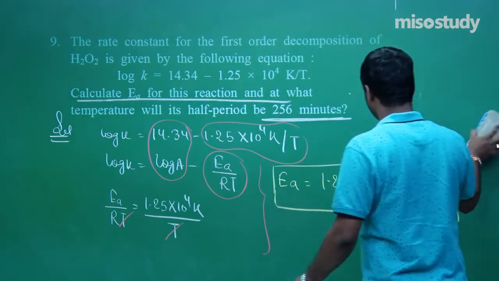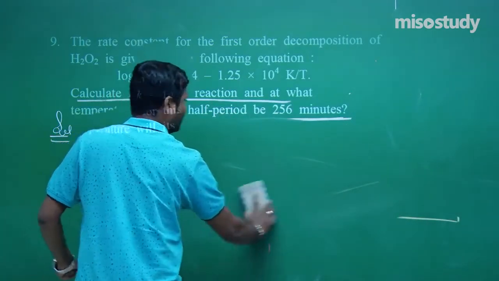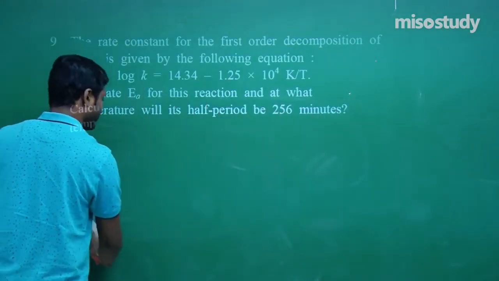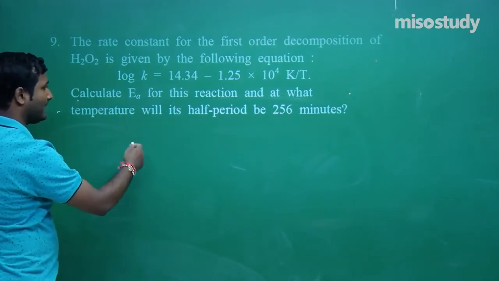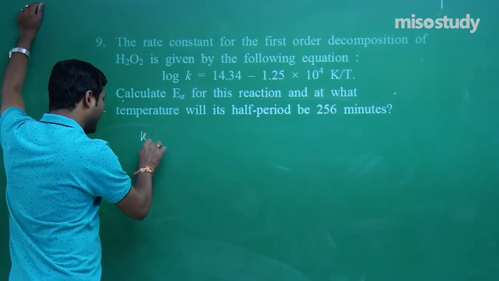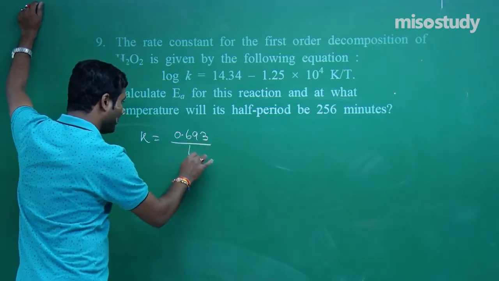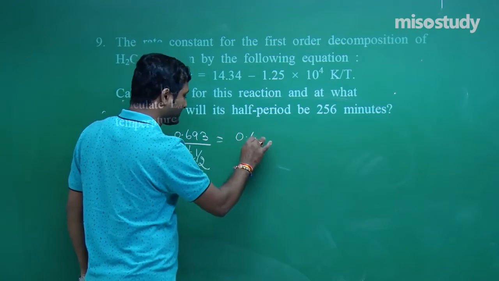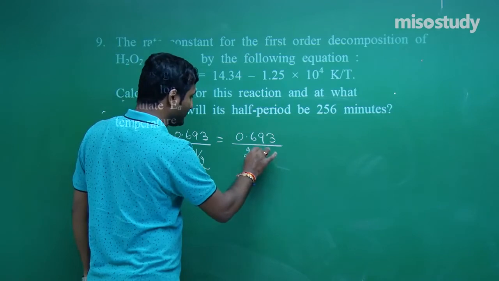Now, I am going to rub this part. The second part of the question is given here. Half-life. As we know, the half-life period is 256 minutes. K is equal to, we know, 0.693 upon T half. Yes, sir. Now, put here 0.693 upon T half. T half is 256.